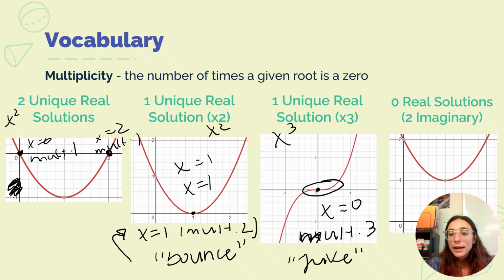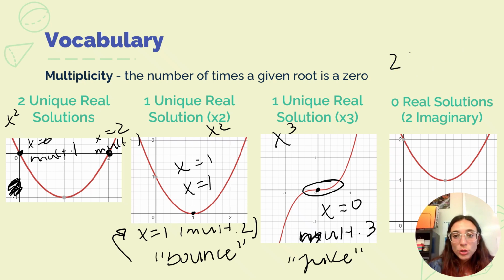So this is a quadratic, but the quadratic doesn't cross the x-axis at all. If the quadratic does not cross the x-axis at all, it goes down and back up, but never crosses, you have 0 real roots and you have 2 imaginary. So that means I would have to use the quadratic formula and I would get something that's an imaginary number.